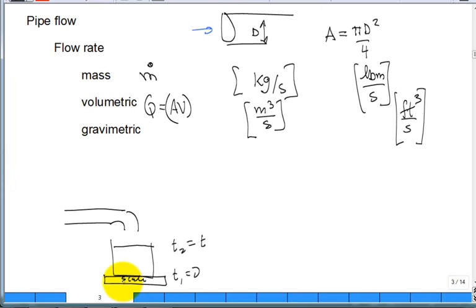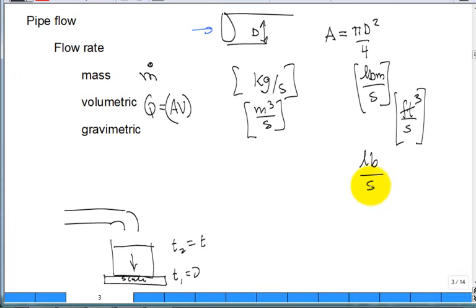It's probably going to infer the mass from a weight calculation. True? So you'd be saying, how fast is it filling this up by diverting that flow to a measurement? So this gravimetric flow rate's not too absurd. It's pretty logical, actually. How many pounds of material per second go down there?